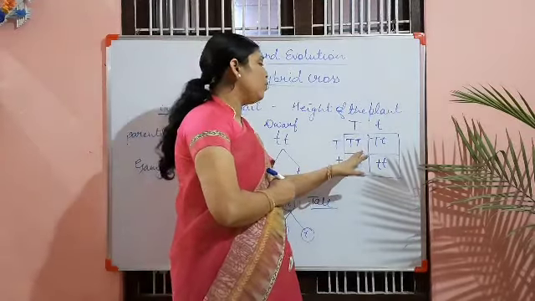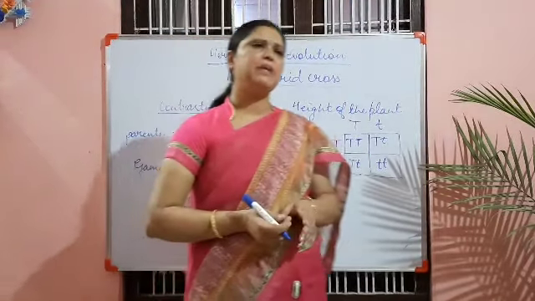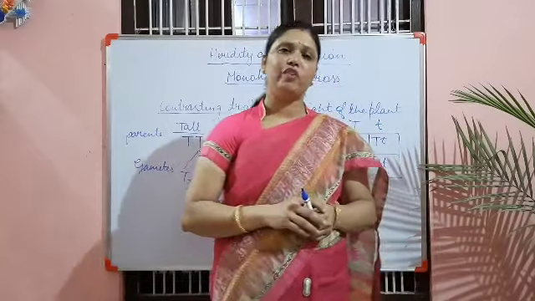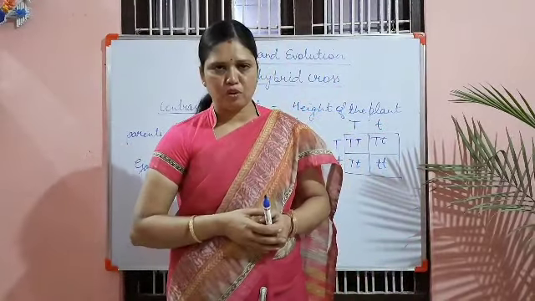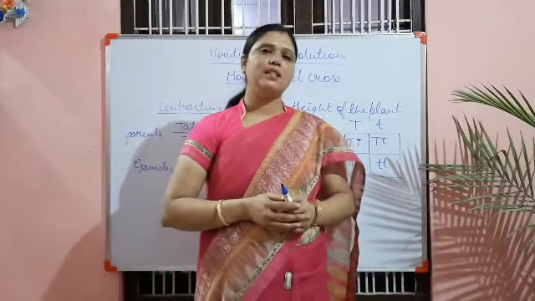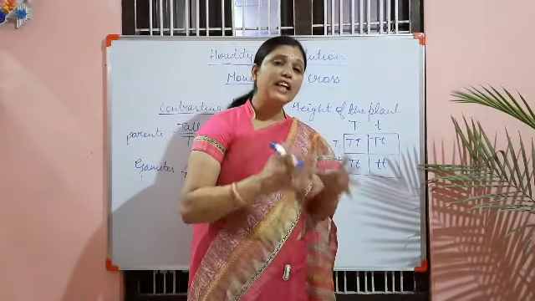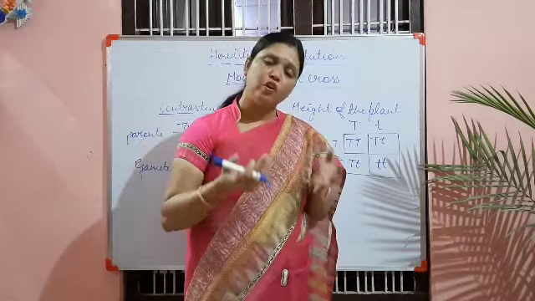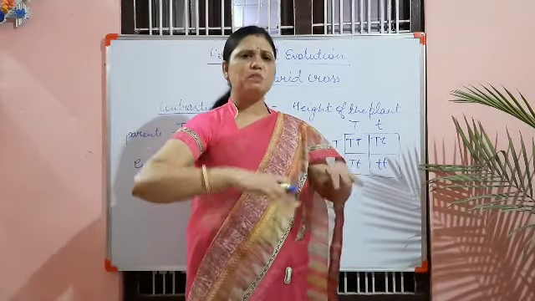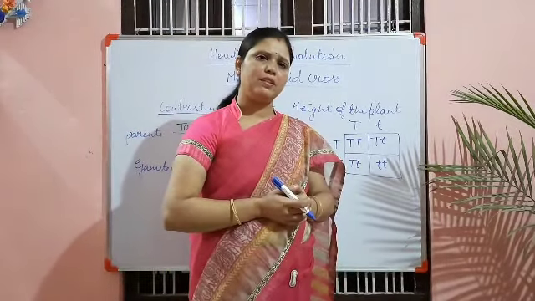Okay? So phenotypic and genotypic ratio you have to find in both types of cross, monohybrid as well as dihybrid. The phenotypic ratio means the ratio which depends on the morphological characters, that is, by seeing the external appearance.